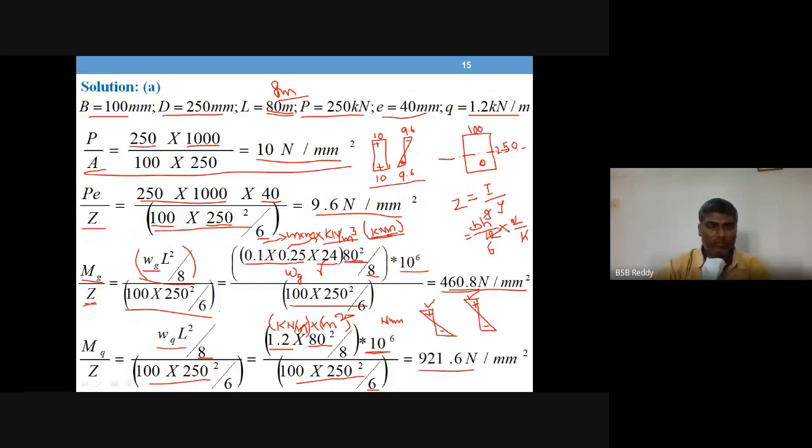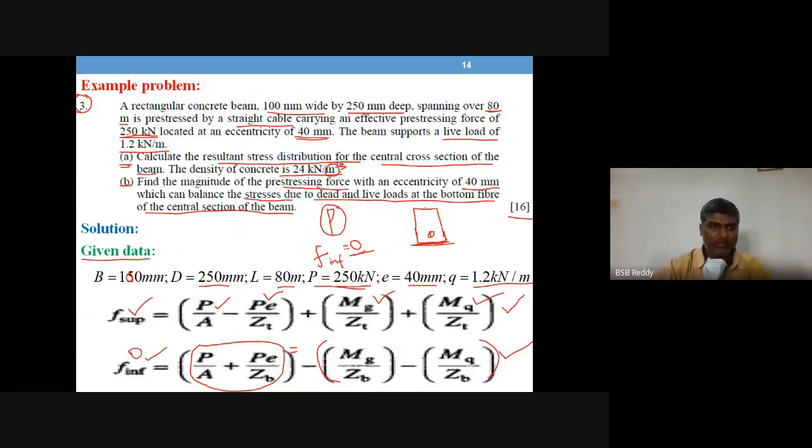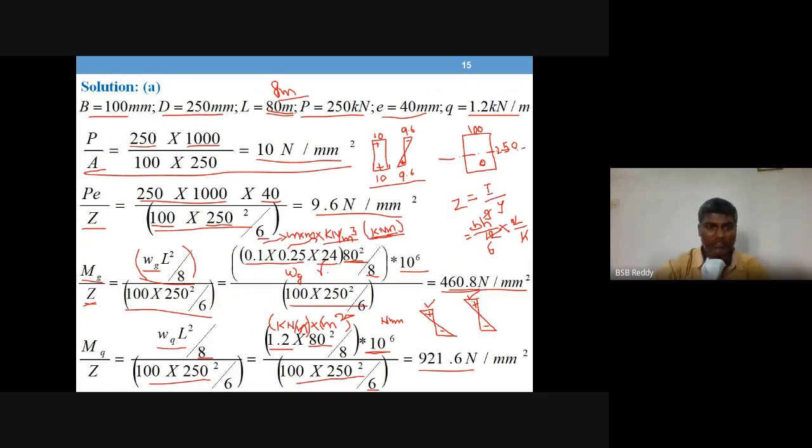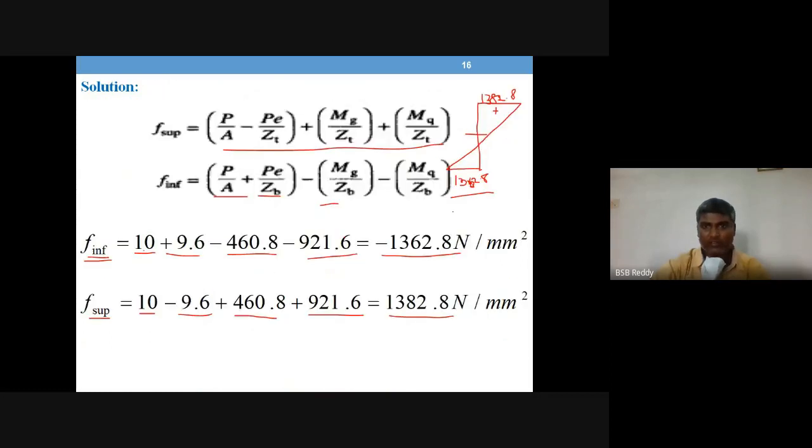Okay, so this is how we answered these questions. First question is just to get the stresses for a given pre-stress value. Then the second question is when you want to have bottom stress 0, because you have some bottom stress in the first question. So stress at bottom is 1362 tension.